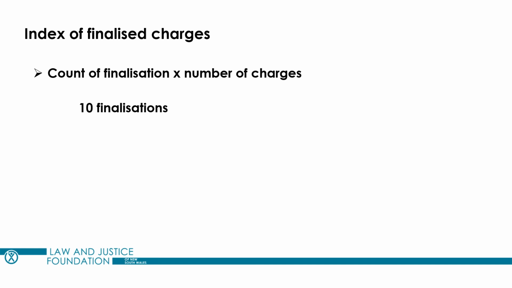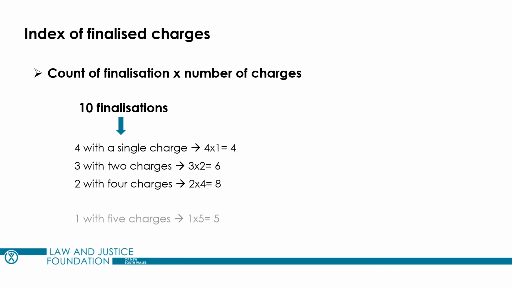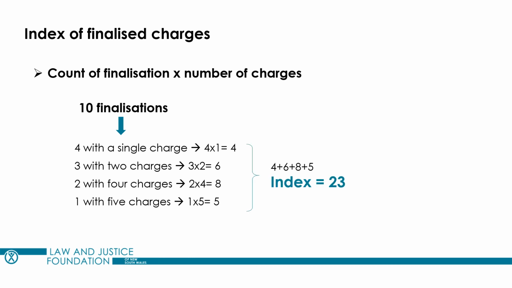For example, a finalization with a single charge is given a count of 1, whereas a finalization with 5 charges or more would be assigned a count of 5. In other words, the index counts the number of finalized charges rather than just the number of finalizations. It gives more weight to the more complex cases.